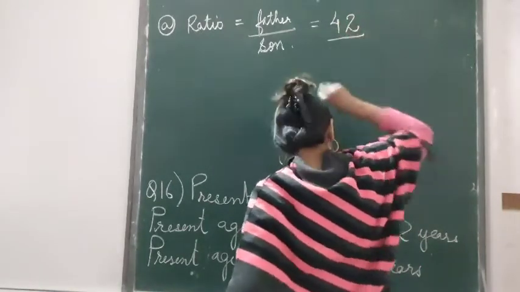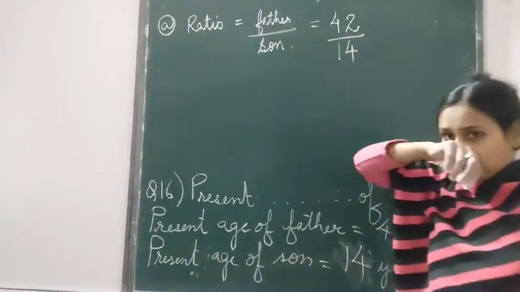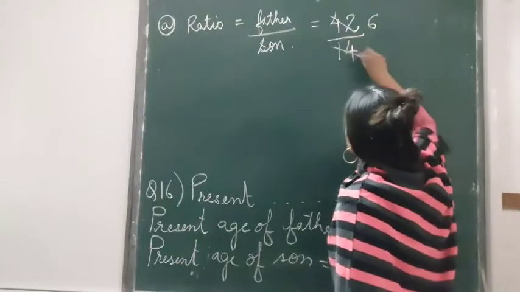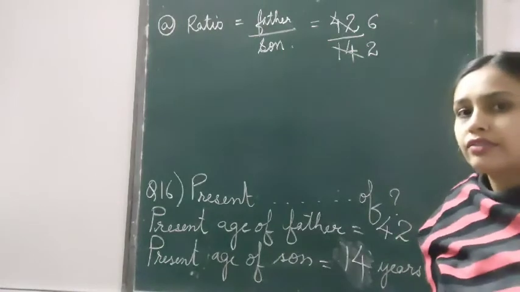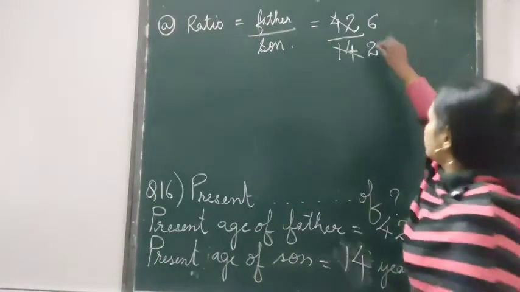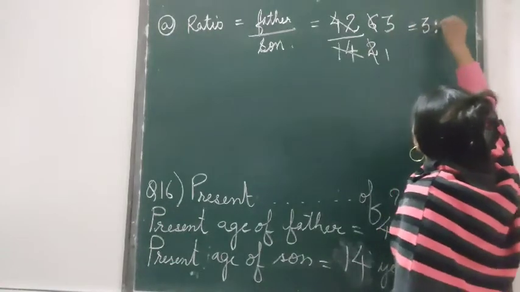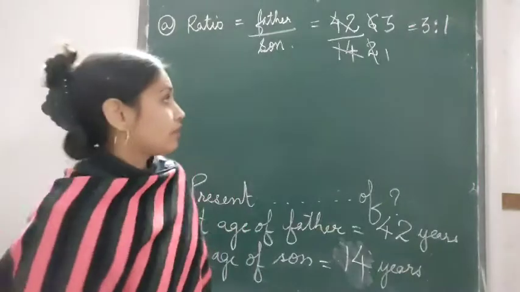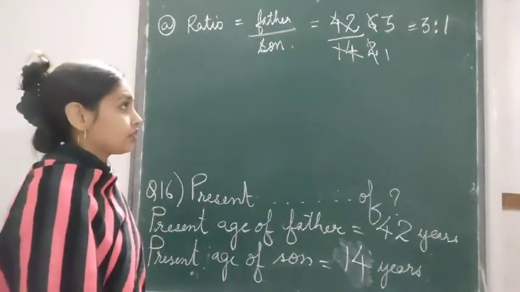What is son's present age? 14. Both are divisible by 7. 7 sixes are 42. 7 twos are 14. Now 6 and 2 both are divisible by 2. So 2 ones are 2, 2 threes are 6. So the answer is 3:1. That is, father's age is 3 times that of his son.